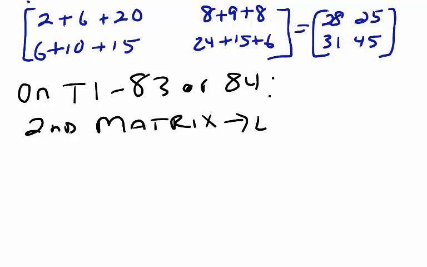Use your arrow key to highlight Edit. Make sure your cursor is highlighting option 1 for matrix A. Press Enter.